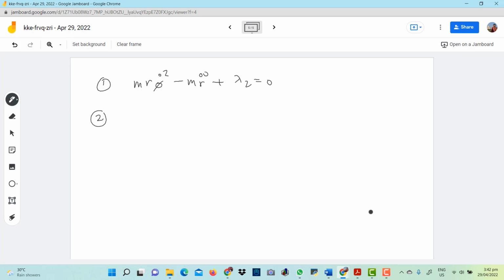The second equation would be m r squared phi double dot plus 2 m r dot phi dot plus lambda 1 k equal to 0. Okay? So this is with respect to phi. The first equation is derived with respect to r, and the second equation is derived with respect to phi.